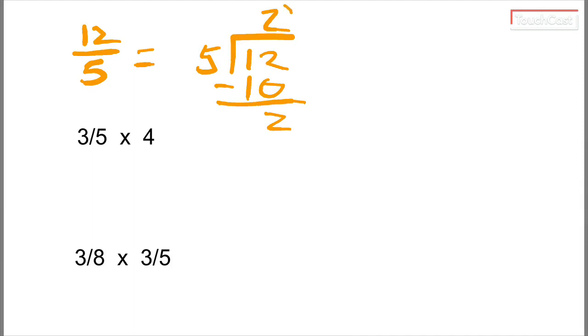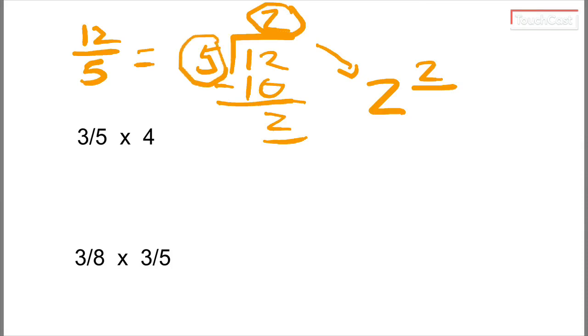So this number up here, that's going to be the big number for the mixed number, and this remainder of 2 is going to be the top portion of our fraction, and whatever number we divided by is going to be the bottom number of our fraction. This is what's called a mixed number.